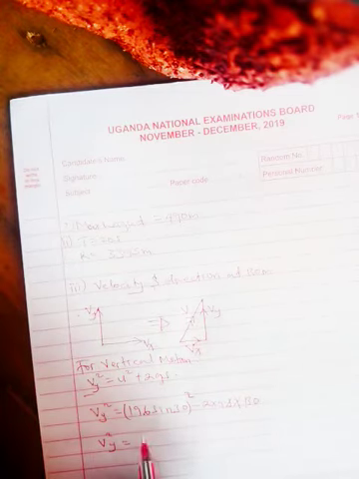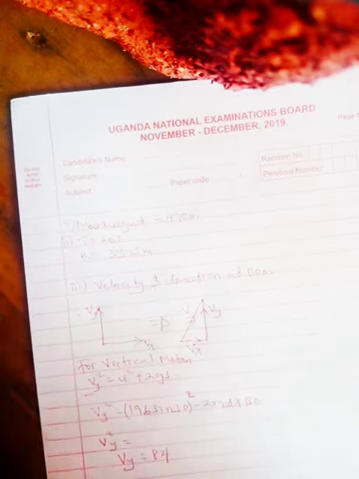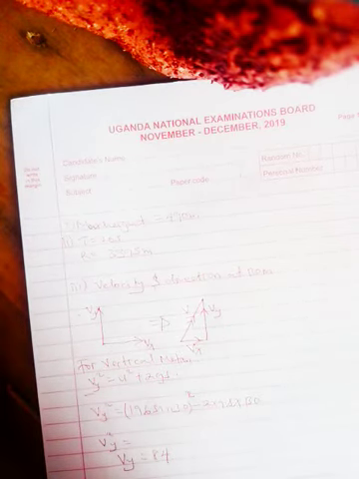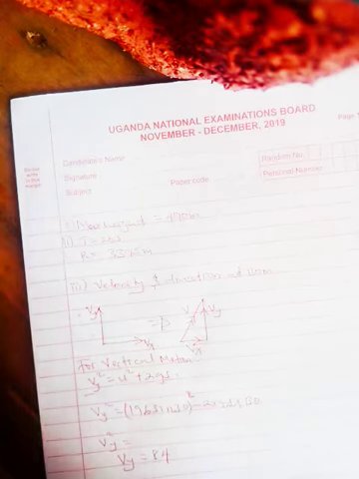You get the final answer, Vy is equal to 84. That is the vertical component of velocity.